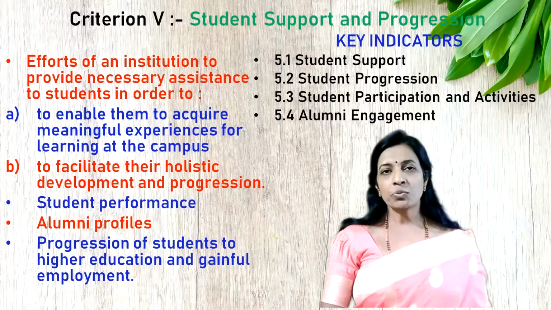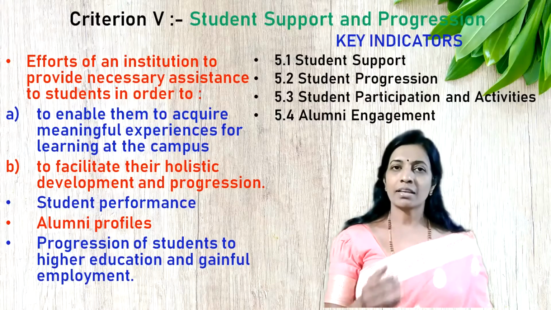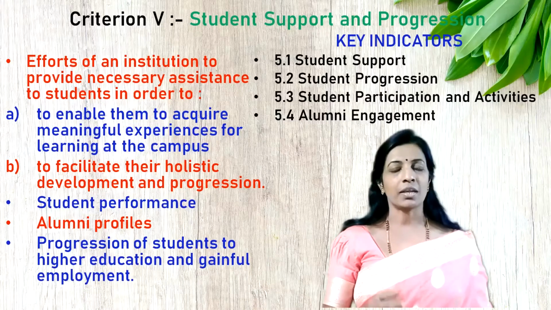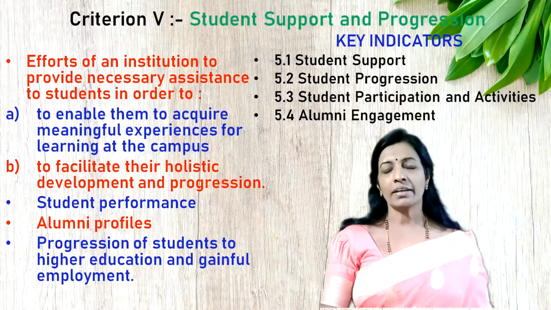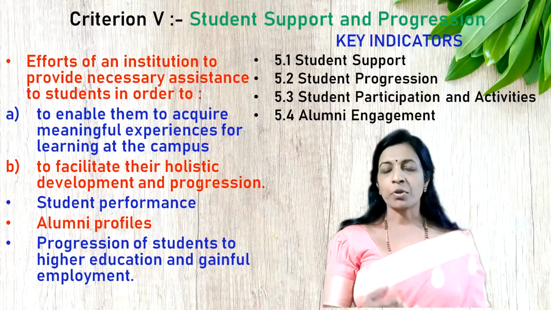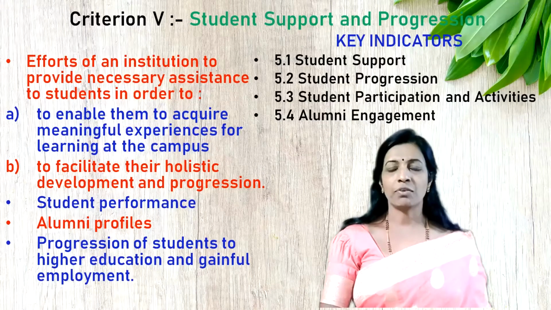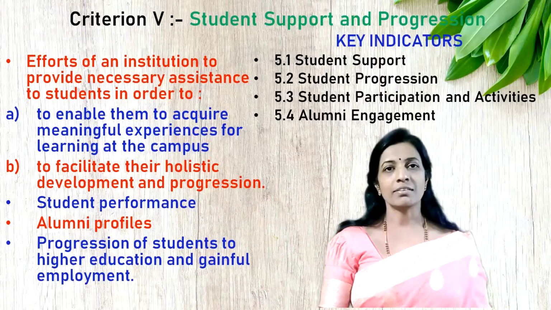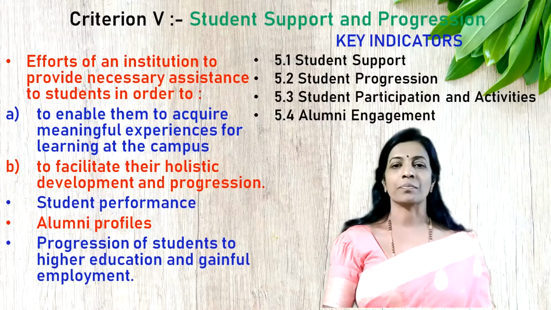It is through these cells that proper guidance and counseling measures can be taken up for students who come from diverse backgrounds, and also proper orientation of the students for their career opportunities can be given to them through these various cells which are functioning in the higher education institution.